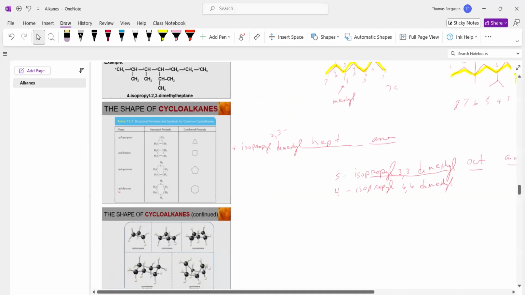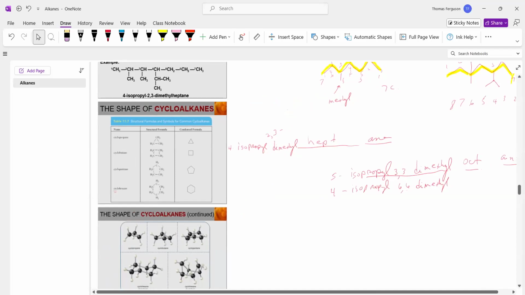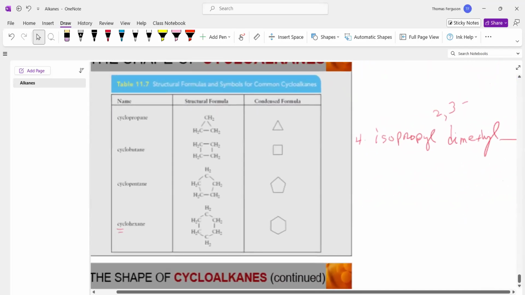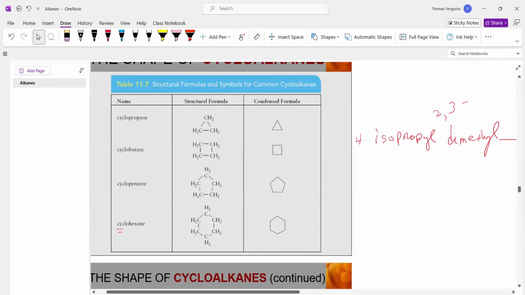All right, and then there are the cyclos. Everything's the same with cyclos, except one thing that's really important. I mentioned this before: ring structures are rigid.